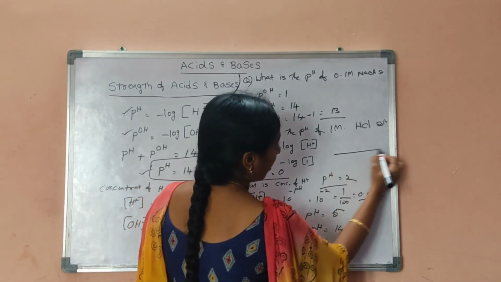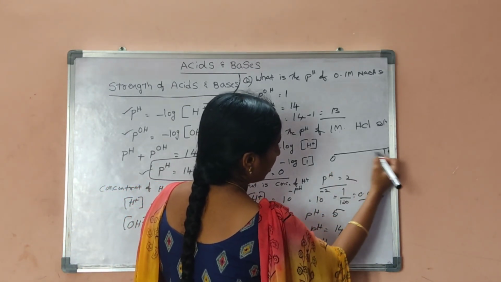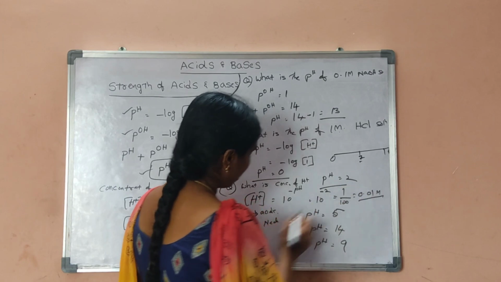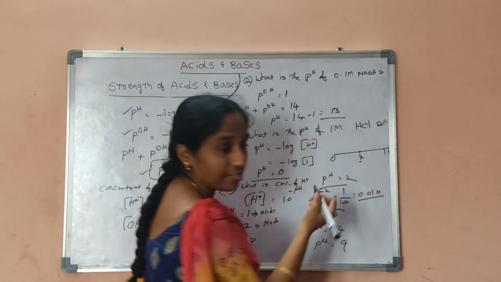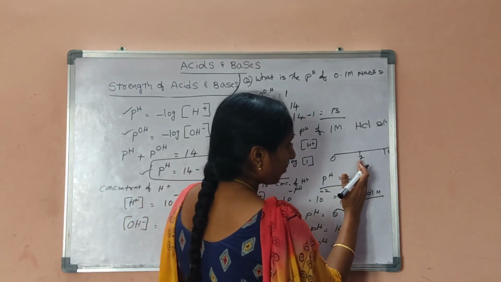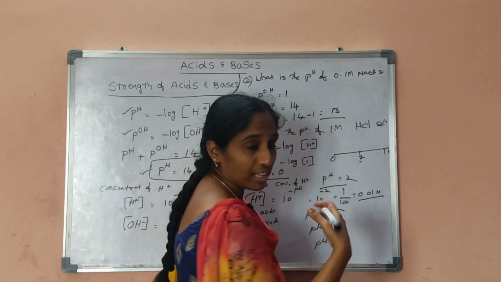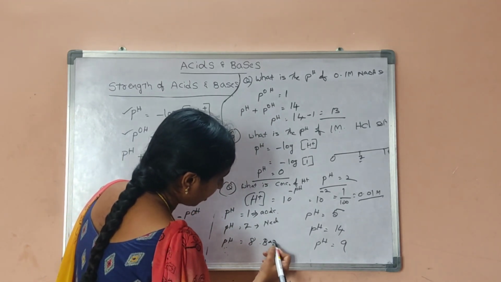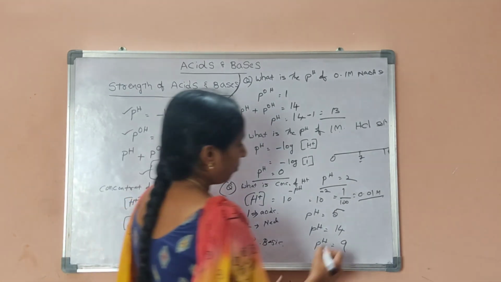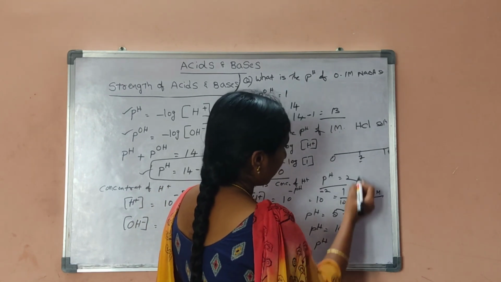Here 0 to 14, the middle is 7. This is neutral. pH equals 8. After 7, 8 is coming. So from 7 to 14, basic nature is increased. So 8 is a basic solution. pH equals 5.